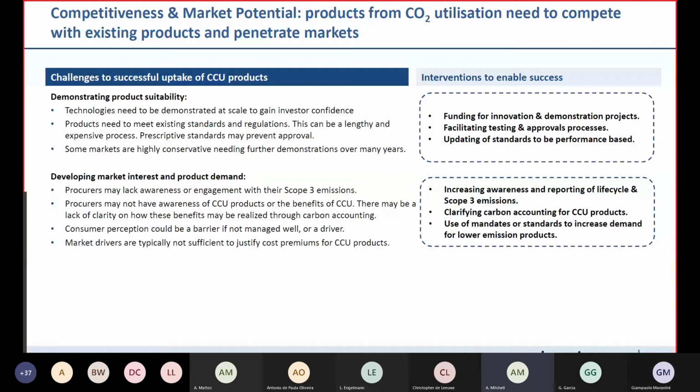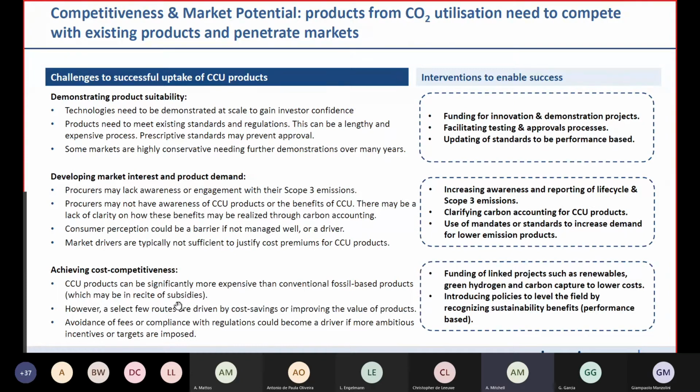They may not understand lifecycle assessments, and even in cases where there are carbon pricing mechanisms, it may not be clear how cost benefits could be realised through carbon accounting. So enabling interventions could be increasing awareness and clarifying carbon accounting for CCU. Another intervention is the use of mandates or standards to increase demand and provide confidence in the existence of future demand.